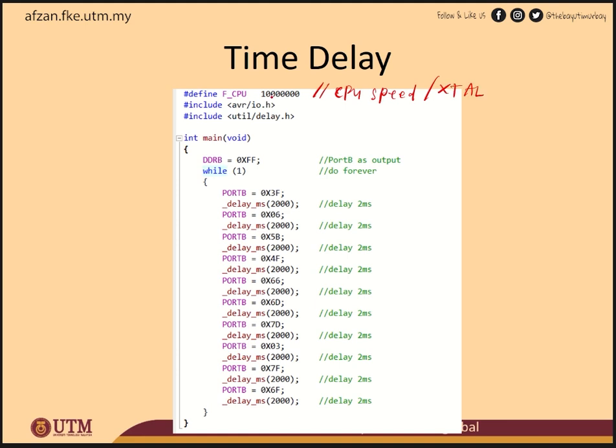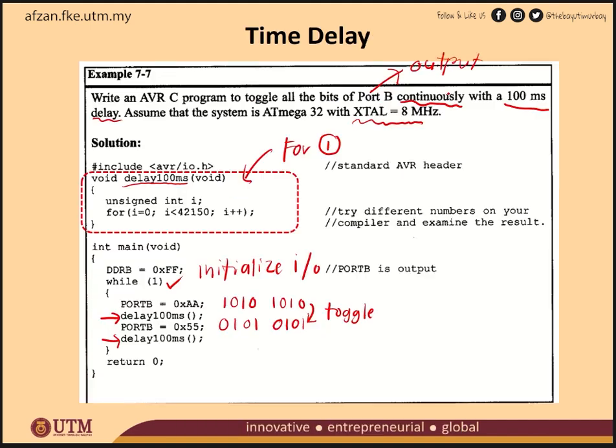In this case, if you see define F_CPU 1 million, it means your CPU speed equals 1 megahertz. So in the previous example, since your external is 8 megahertz, your F_CPU should be 8000000.